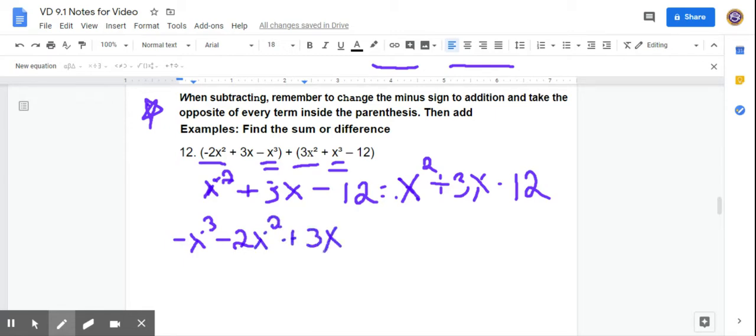Then I'd look at the second set of parentheses and line the like terms up underneath each other. So 3x squared would go under negative 2x squared, x cubed would go under negative x cubed, and the 12 is not the same as the x terms, so I would put that over to the right.